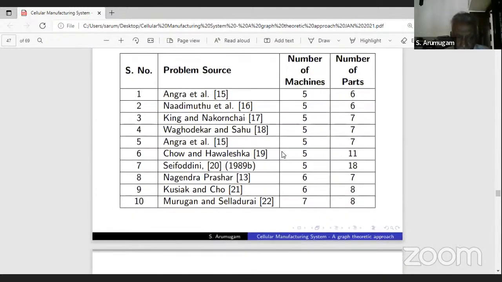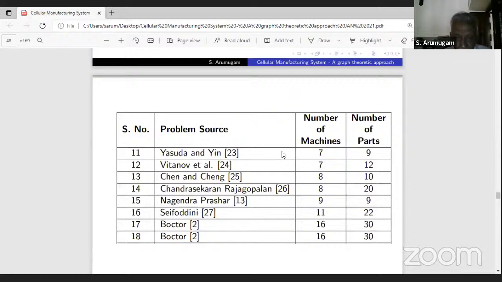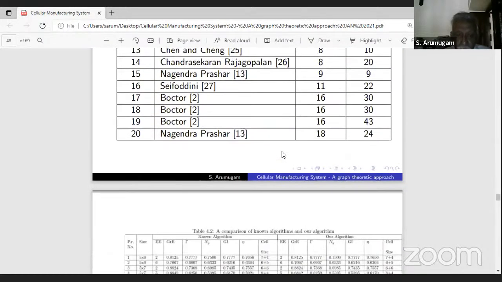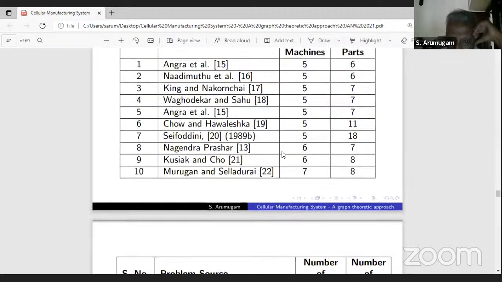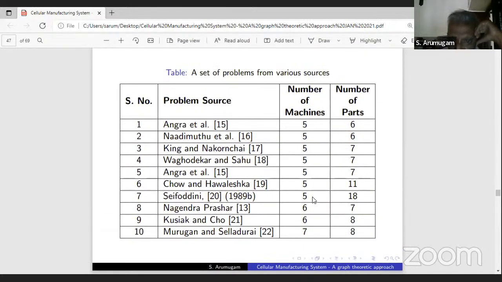I took 20 problems from the existing literature, where you have the number of machines, number of parts, and the source of the paper where this problem has been studied.